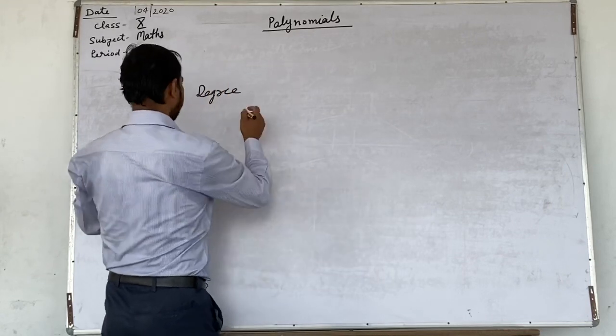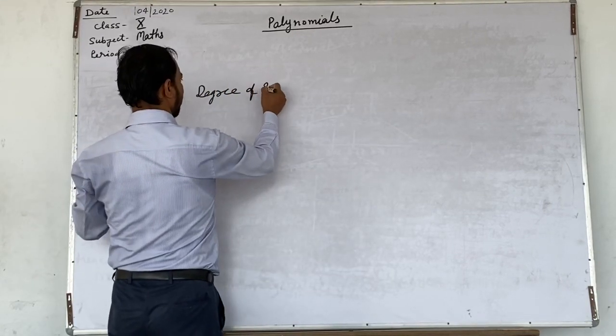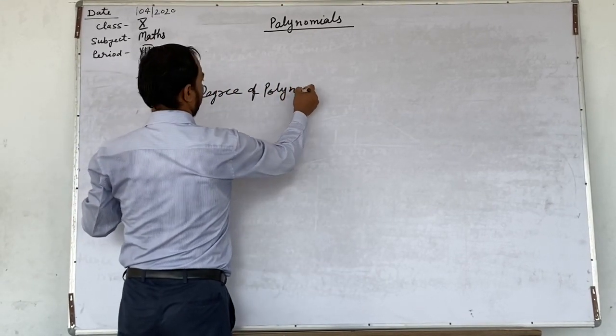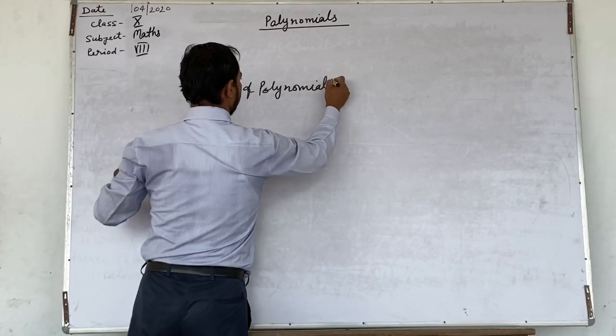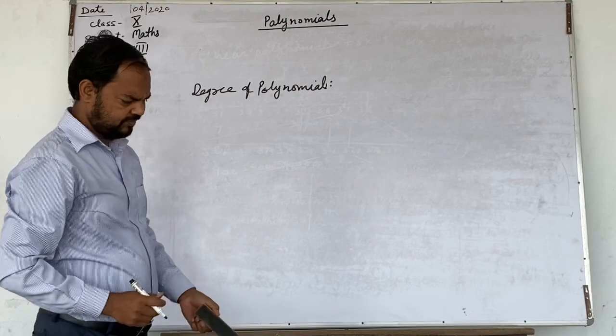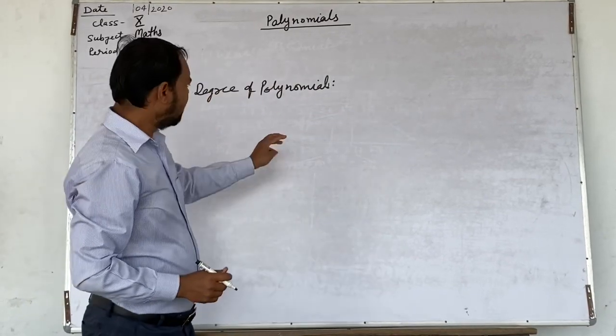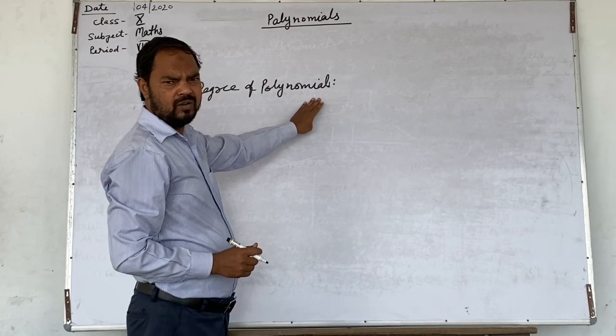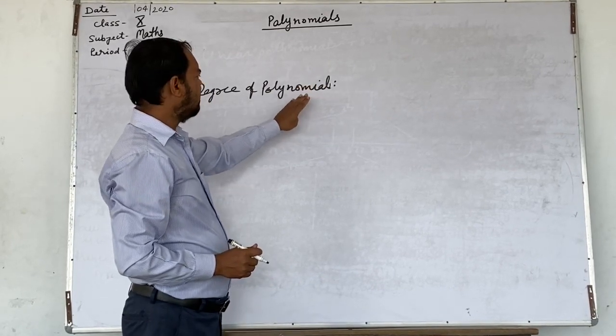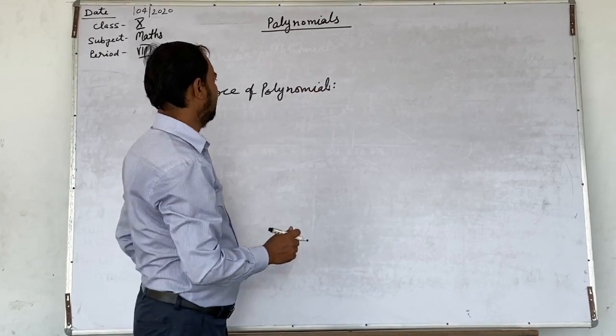What is the degree of a polynomial? Higher power of variable, or sum of the power of variables.